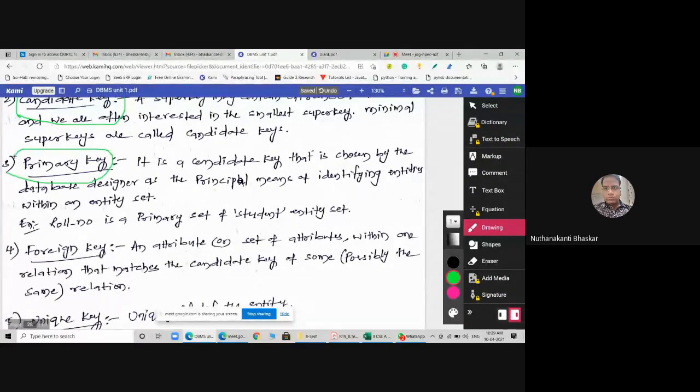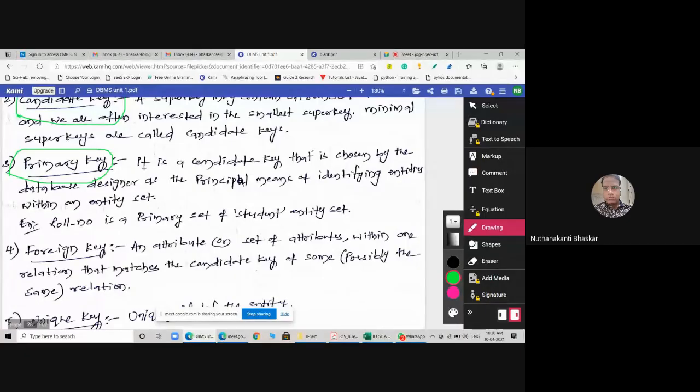What is a primary key? In an entity, we have only one attribute to identify that entity directly. Only one attribute is enough to identify that particular entity. For example, the student hall ticket number is enough to identify that particular student entity out of the entity set, because if we know the hall ticket number, I can identify the student very easily.